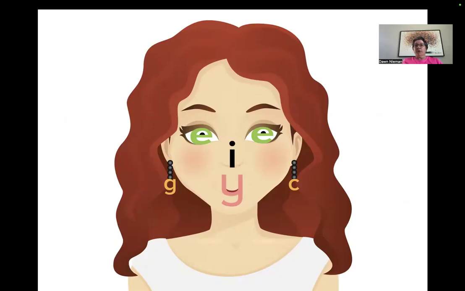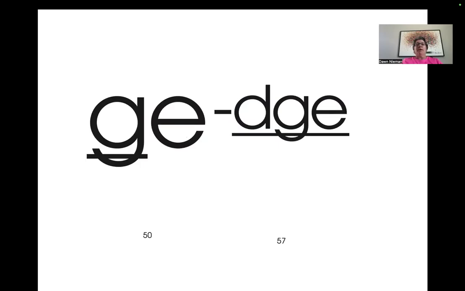Now, you definitely want to know Gentle Cindy, even if you're just doing that E part. And here's a visual to help you remember. You already should have this GE card in your deck, but you're going to want to fish out your DGE card because this is going to go into your visual drill tomorrow.